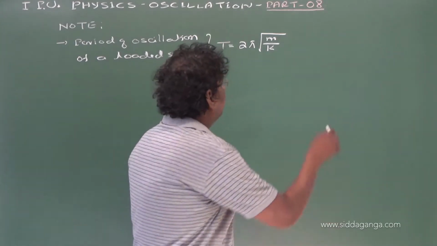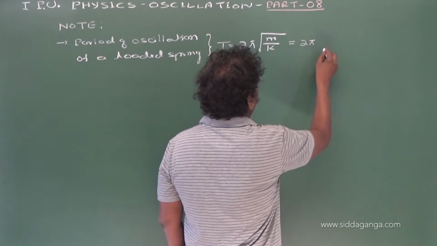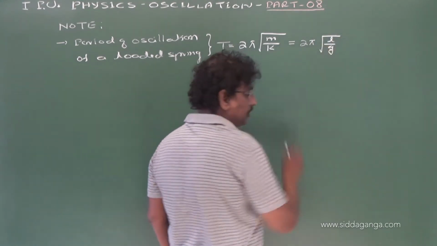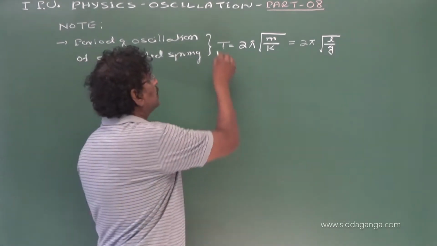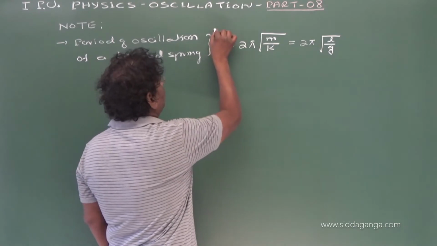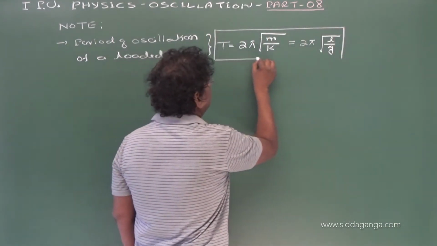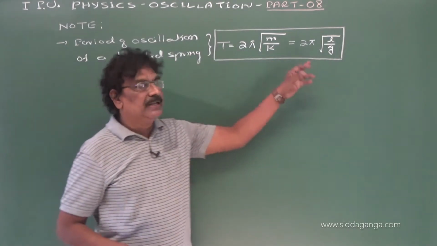Later we have derived this expression 2 pi into square root of L by g. This is the expression for time period in terms of mass and force constant, and in terms of increase in length of the spring and g.